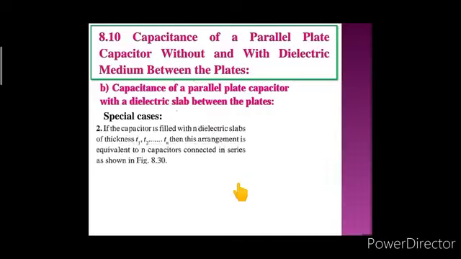Now the next case we are having, if the capacitor is filled with dielectric slabs of thickness like t1, t2 till tn, then this arrangement is equivalent to n capacitors connected in series.